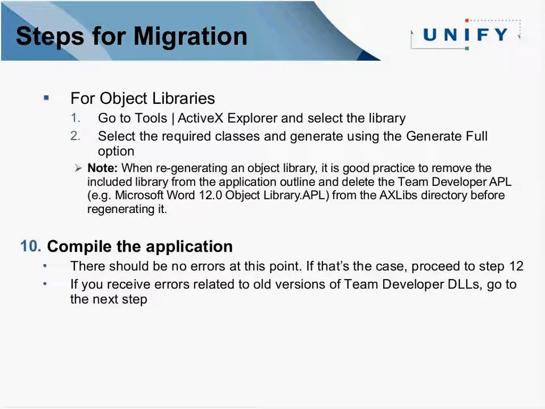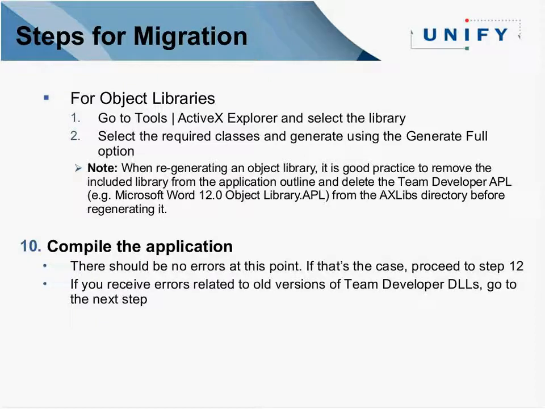The other way of using ActiveX in your Team Developer application is by creating object libraries. This is not a graphical control, but an automation library that you can create by going to the TD menu, Tools, ActiveX Explorer, and selecting the library that you want to generate the ActiveX APL for.